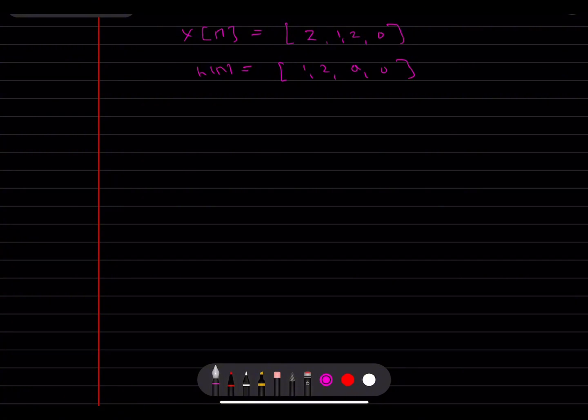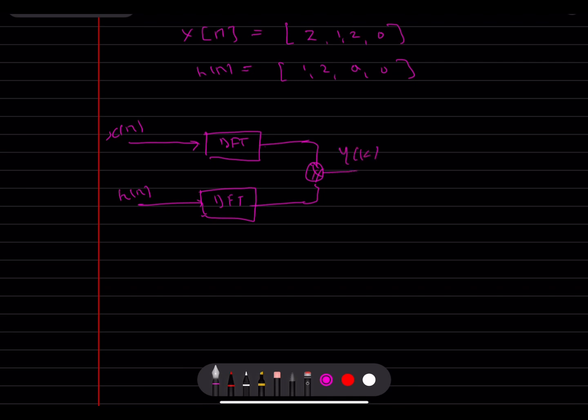First of all, you can even draw your block diagram to guide you: DFT of x of n, and then DFT of h of n, and then multiplication, and then we have Y of k, and after Y of k you get your IDFT, and then you have our y of n. So this is what we have now.